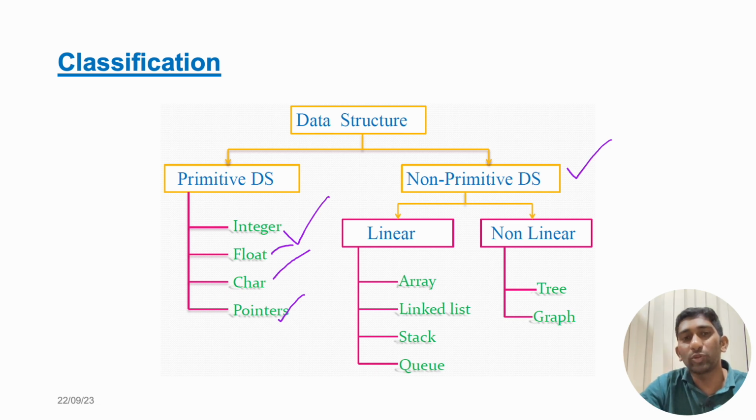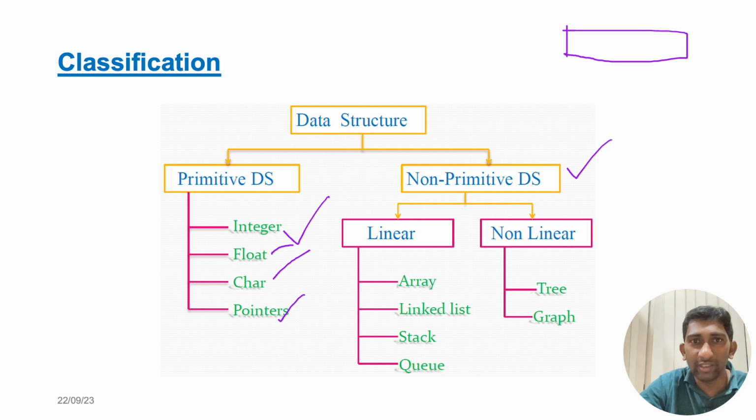So non-primitive data types are of two types, that is linear and non-linear. Linear means the data is stored one after another, in a straight line: first element, second element, third element, and fourth element.